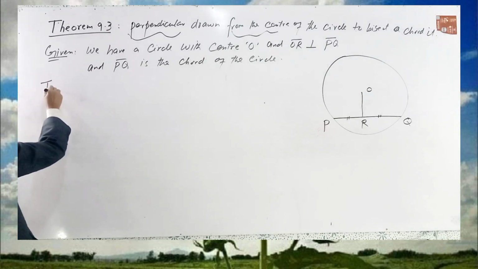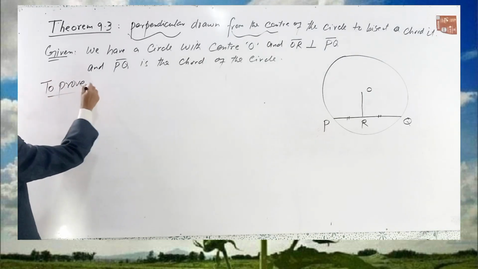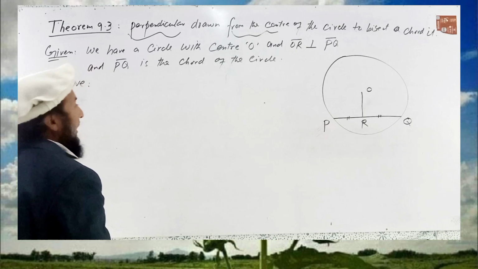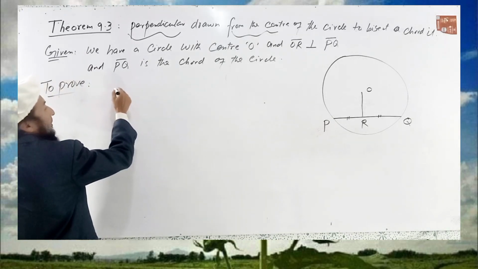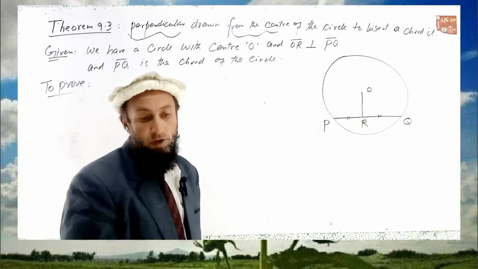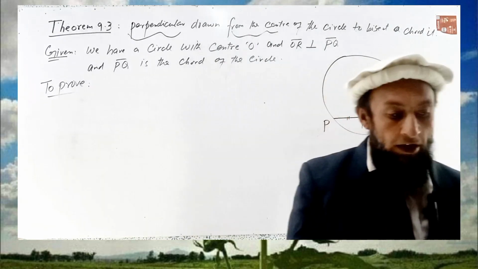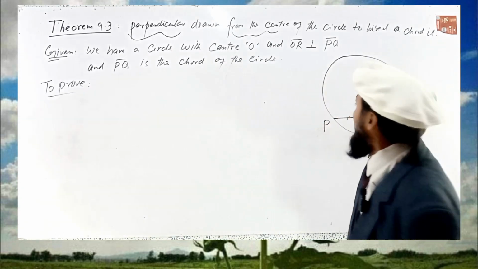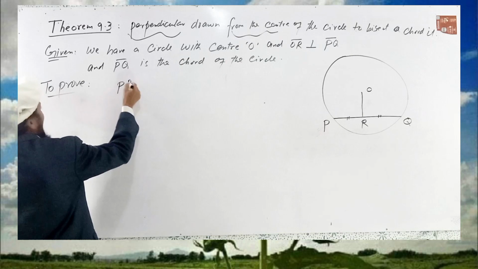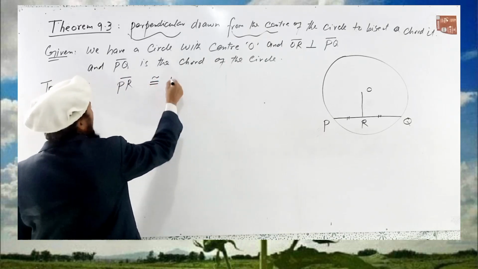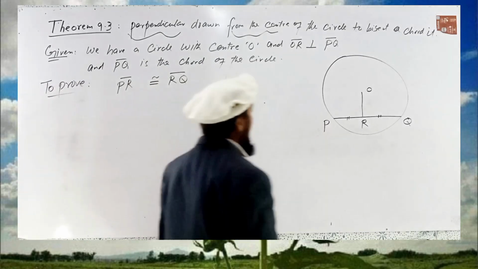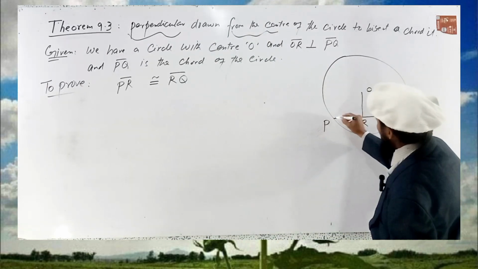We want to prove that PR is congruent to RQ. We want to prove this, the corresponding sides of congruent triangles.